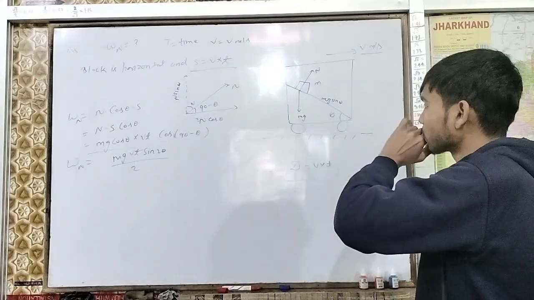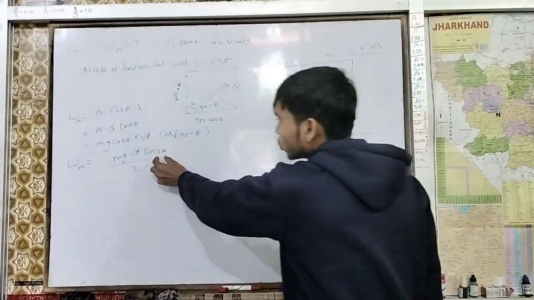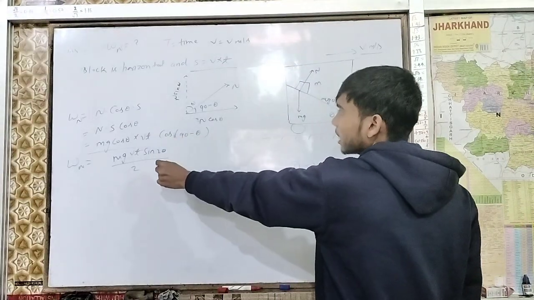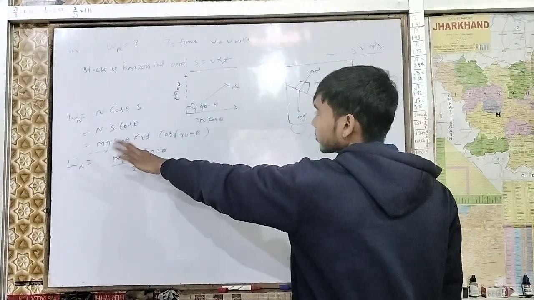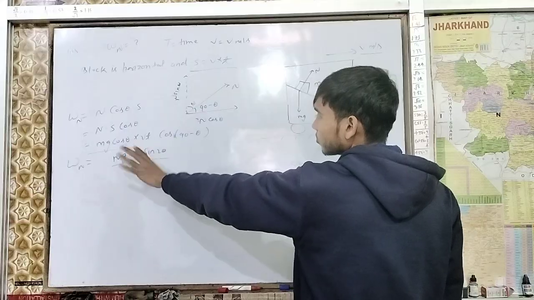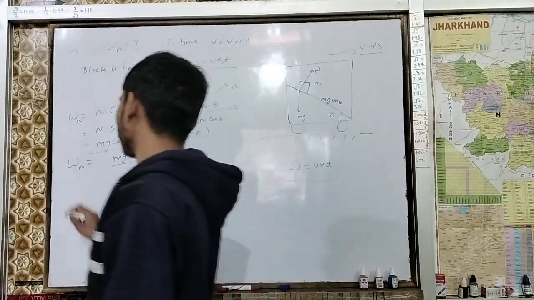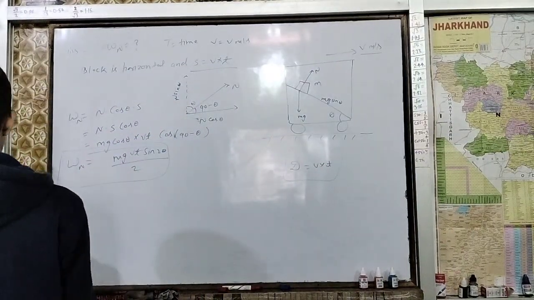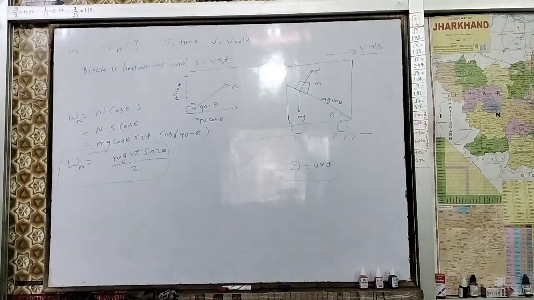Sin 2 theta, this is the angle, so cos of 90 minus theta will be sin theta. Just understand this is our equation to calculate the work done by normal reaction: mg vt sin 2 theta upon 2.